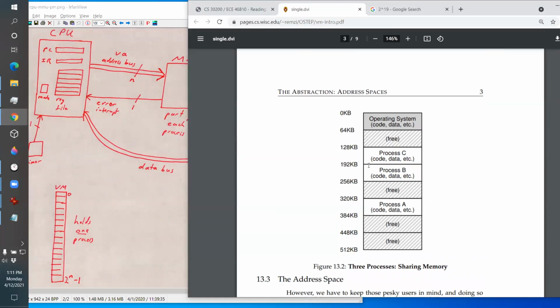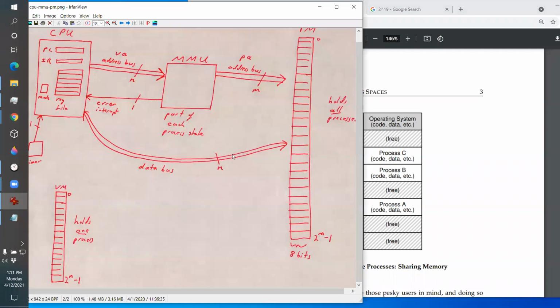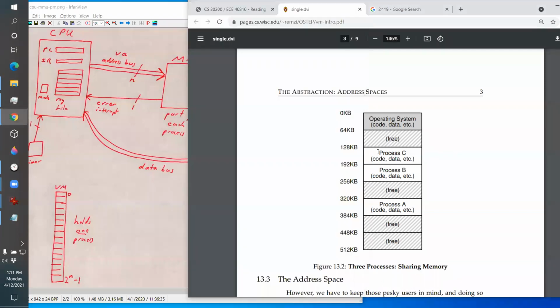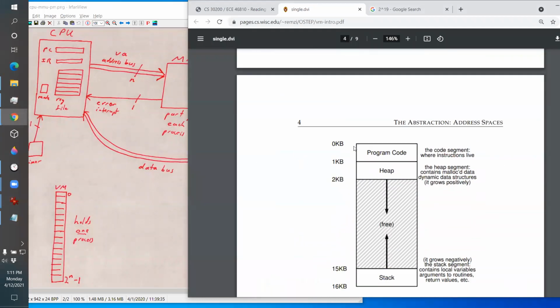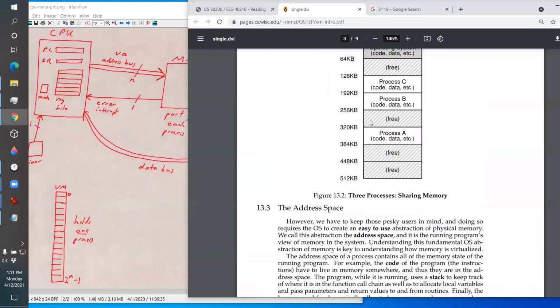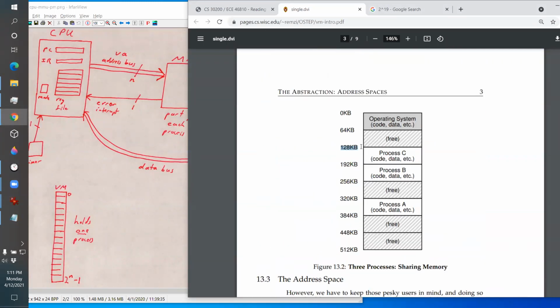So the physical address space is bigger than the virtual memory space. It's the memory management unit's job to make this translation, so that, in this case for process C, address 0 goes to that physical address.